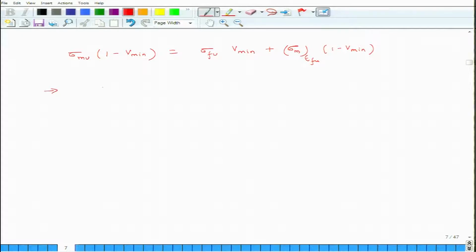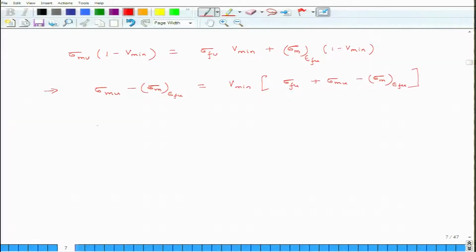If we process this further, we get sigma mu minus sigma m evaluated at the breaking strain of the fiber, and that equals V min times sigma Fu plus sigma mu minus sigma m evaluated at the breaking strain of the fiber.